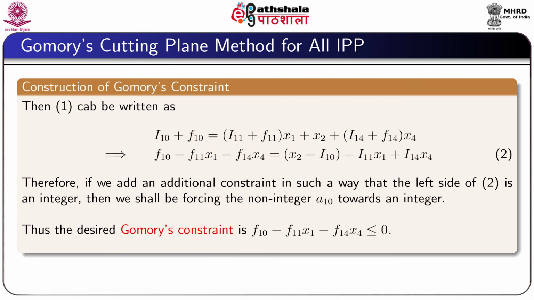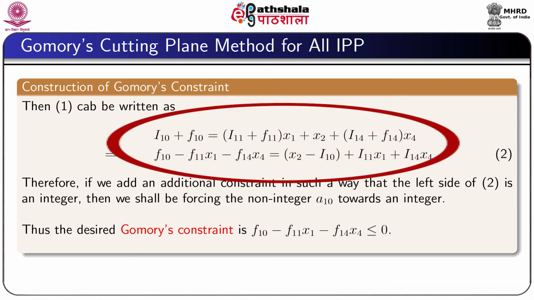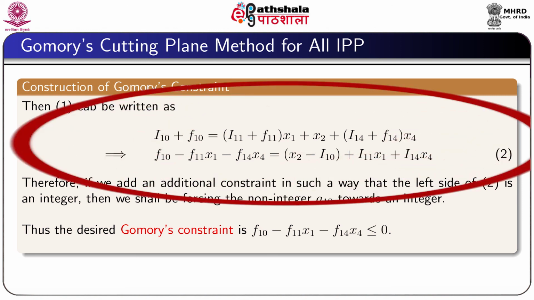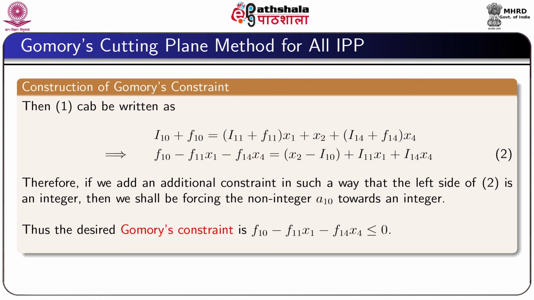Then equation 1 may be written as I10 plus F10 is equal to (I11 plus F11) x1 plus x2 plus (I14 plus F14) x4, and this gives F10 minus F11 x1 minus F14 x4 is equal to x2 minus I10 plus I11 x1 plus I14 x4.